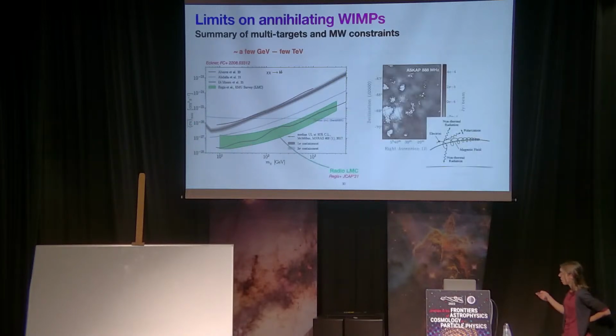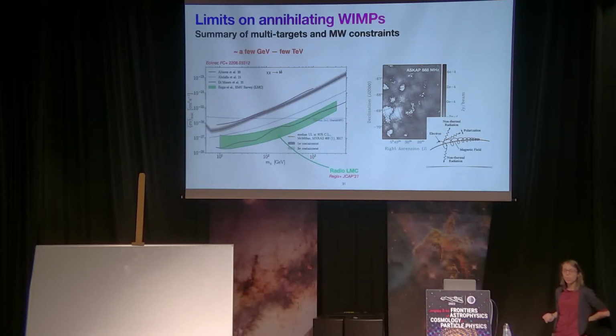The other constraint that you see here comes from the observation of the Large Magellanic Cloud with ASKAP, which is one of the precursors of SKA. This is an image of the region around the Large Magellanic Cloud at about 800 megahertz, so this is radio. What is the physics behind this kind of constraint?